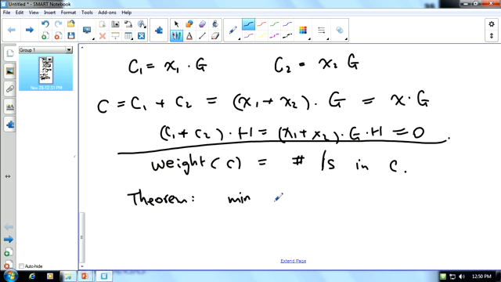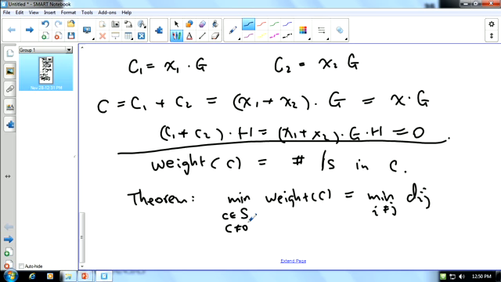The minimum weight of a code word equals the minimum Hamming distance. Okay? So C is in the subset. The minimum weight of a code word equals the minimum Hamming distance of this linear block code. So for all the code words, we can find the weight, except 0, okay? Of course, the weight of the all zero sequence is always 0, okay?